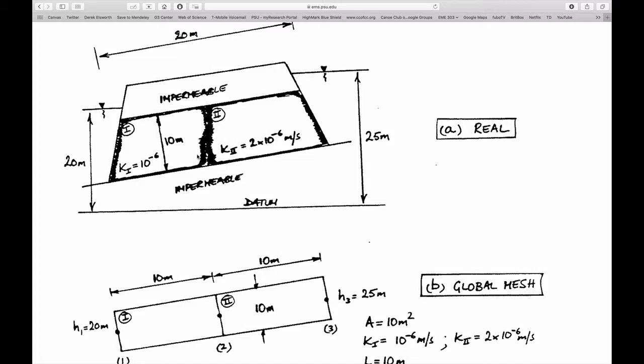These are 2 different materials with different conductivities. If they're the same conductivities, the head at this point would be exactly the intermediate of those, 22.5. But if this one is more permeable than this one, then most of the head loss will be here. So the head here should be higher than this middle bar, higher than 22.5.